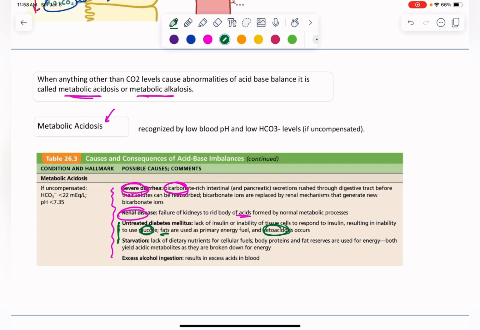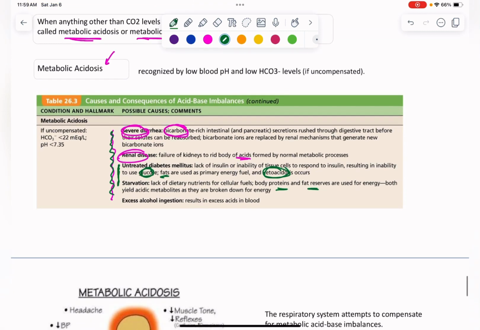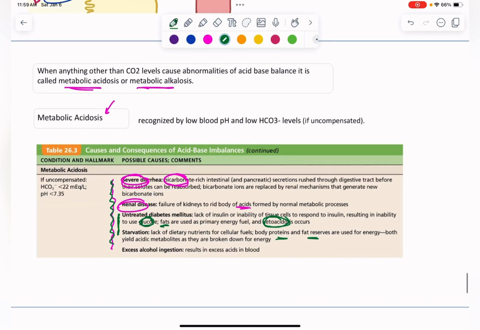The same thing happens during starvation, where the cells don't have enough fuel, so they use fat reserves and proteins, and that produces ketone bodies, acidic ketones at the same time, so it causes the body to become acidic. So these are all different causes of metabolic acidosis. And so you have low blood pH levels because of these imbalances.